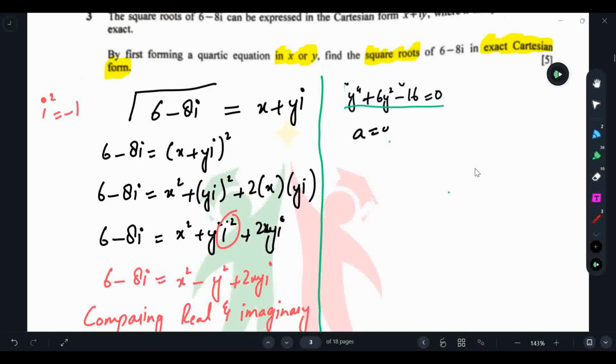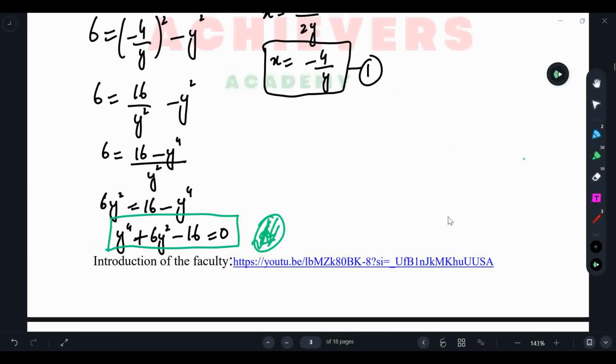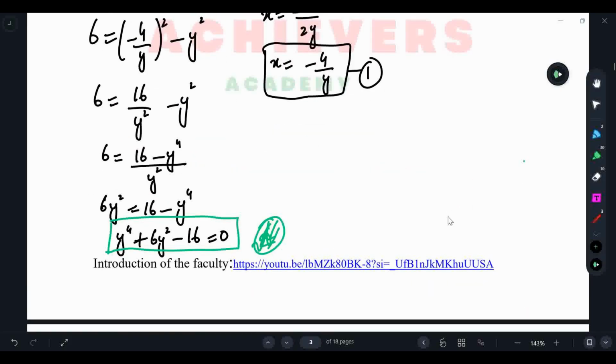We know that this one is not a quadratic equation, but we can make it like a is equal to y squared, and a squared will be equal to y power 4. So from here we can write it as a squared plus 6a minus 16 is equal to 0. Let me verify this again. Yes, 6y squared.